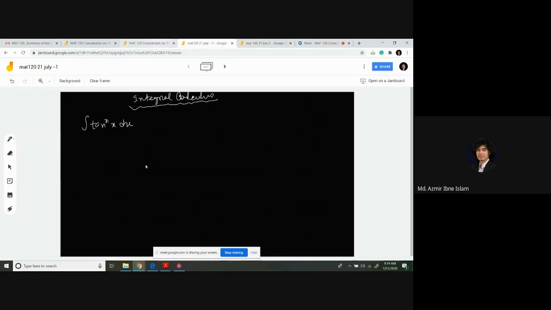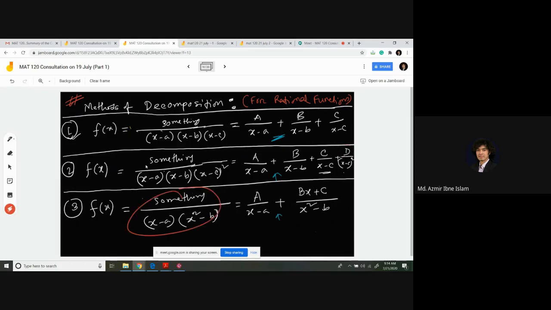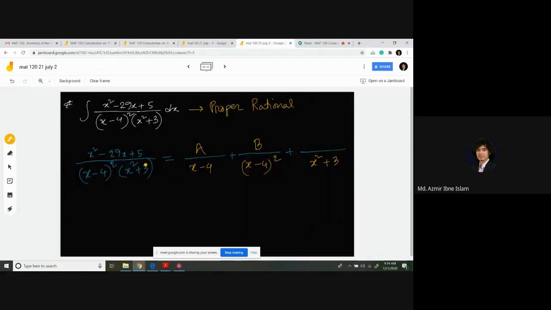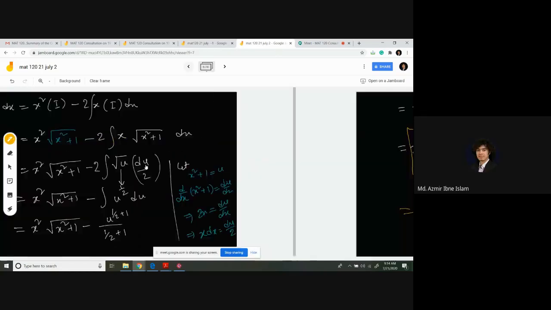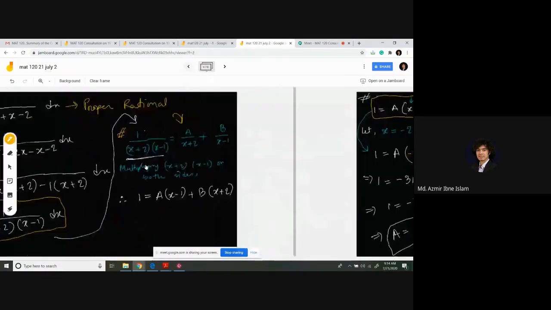Since it goes with this formula, x squared plus b, we will get two constants, bx plus c. Already we have taken b, so it will be cx plus d, same format. Clear?